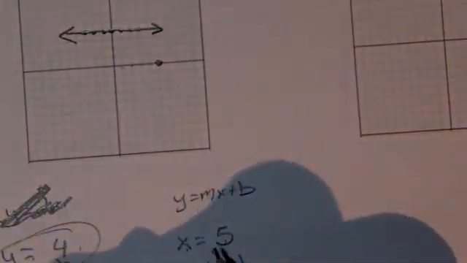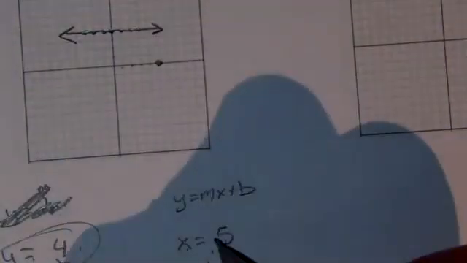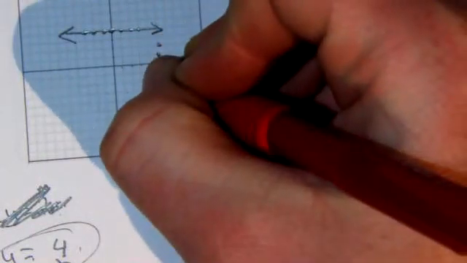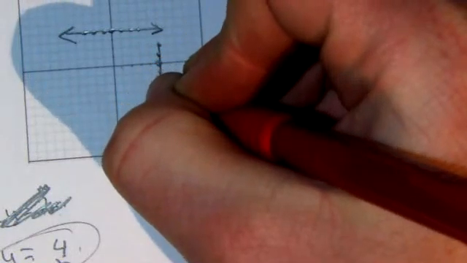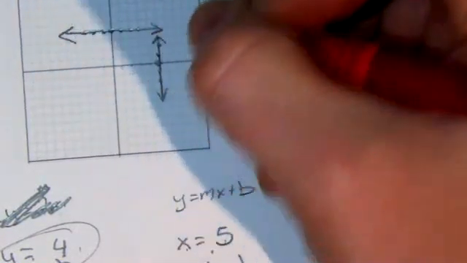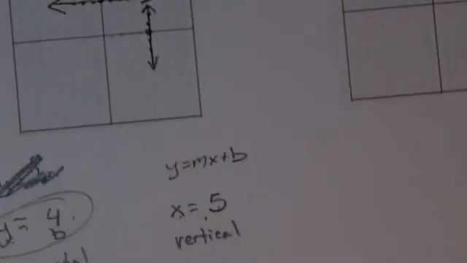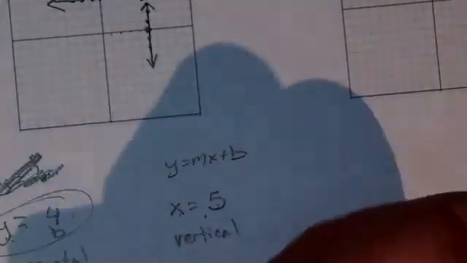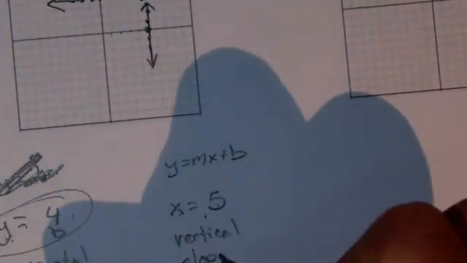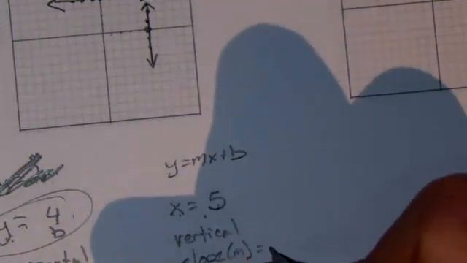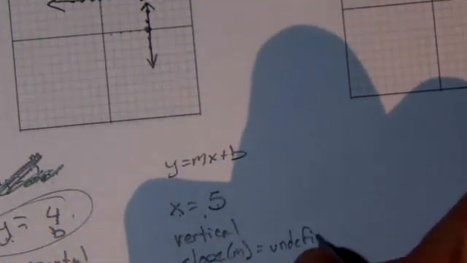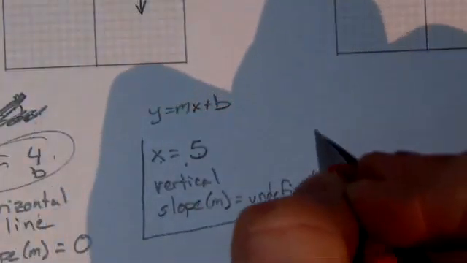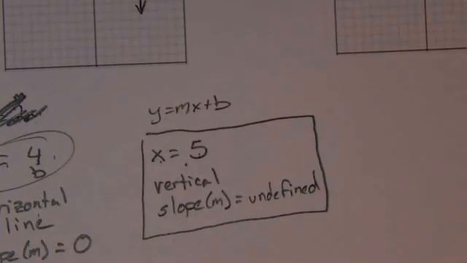So I'm going to plot x equals 5. And what this is telling me is my x value is always going to be 5, and my y value will change. So I now have a vertical line at the point x equals 5. And if you have a vertical line, your slope, or m, is what's called undefined. So x equals gives you a vertical line with an undefined slope.